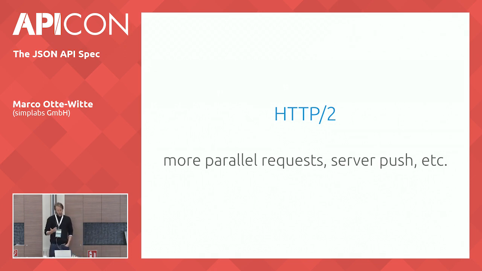So you can use many of the improvements that HTTP brings already. So, for example, making more parallel requests. Instead of limiting the number of parallel requests that a browser would make to 6, like it is with HTTP/1, you can now have maybe hundreds of parallel requests. I'm not sure whether there's still a limit, but the limit is certainly going to be much higher than it was with HTTP/1. You can also use server push.